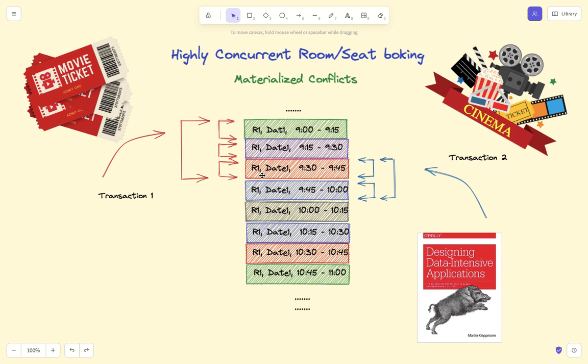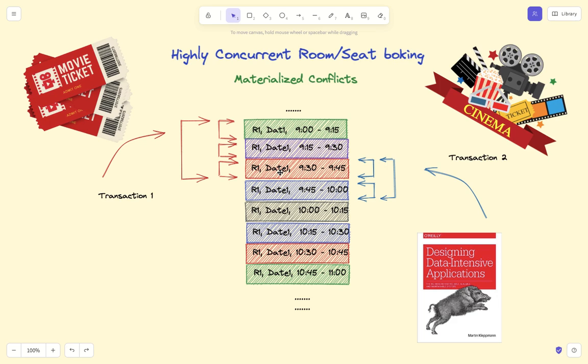Ideally, if these two requests come in parallel, only one of them should be able to book the room. So what we did, we essentially created these potential conflicts. So this R1 date 1 9:30 to 9:45 is a potential conflict between these two transactions.